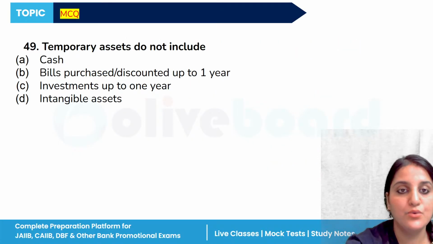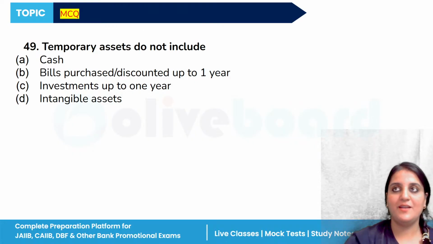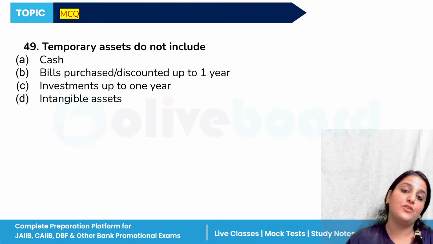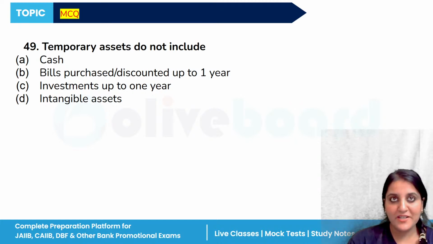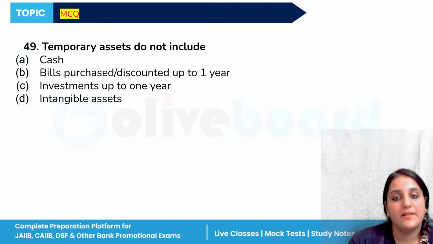Temporary assets do not include which? Temporary assets are those which are expected to be converted into cash or consumed within a short period of time, basically in 1 year.